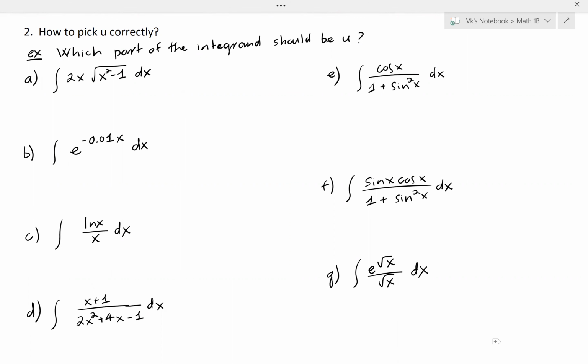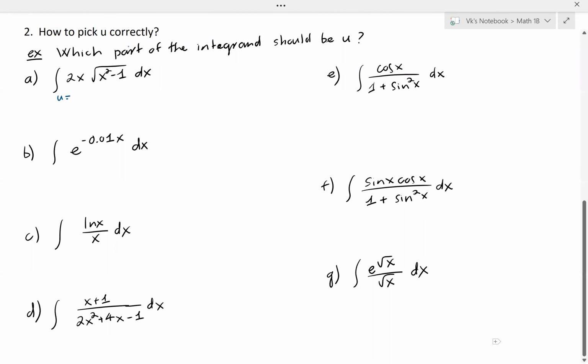So if we look at the first one, we see x squared minus 1 is inside the square root, and the derivative of x squared minus 1 is 2x. So that derivative is going to replace the 2x dx, which tells us that u is the part that is inside the square root.